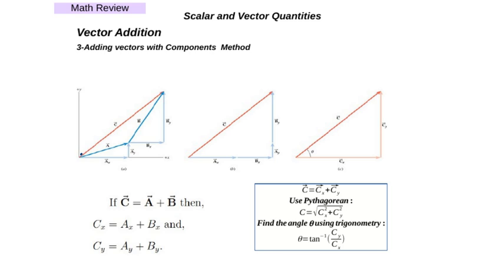If I am adding two vectors here, notice that I have the head to tail method. I have A here, right?